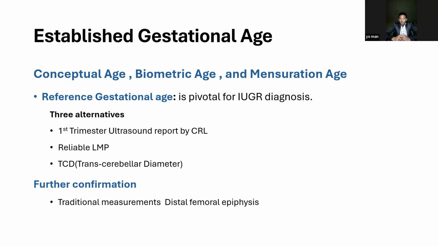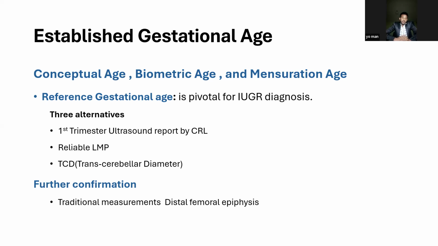Scholars suggest that if you see the distal femoral epiphysis and it measures 1 up to 2 centimeters in its longest diameter, then 87% of the fetal population are at 33 weeks and onward.